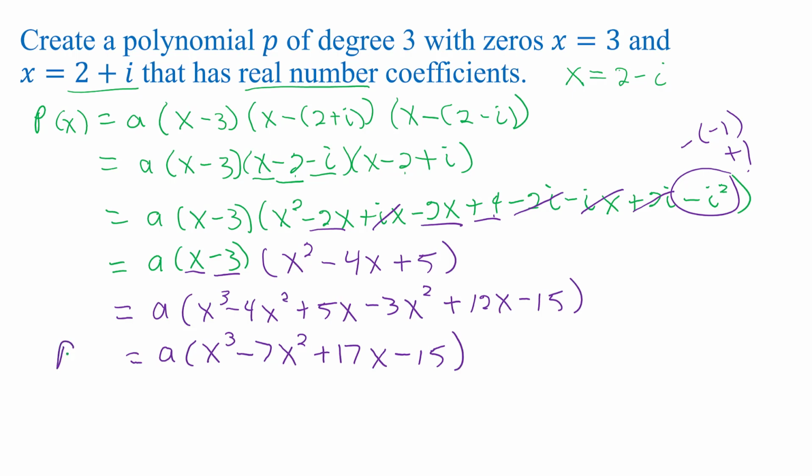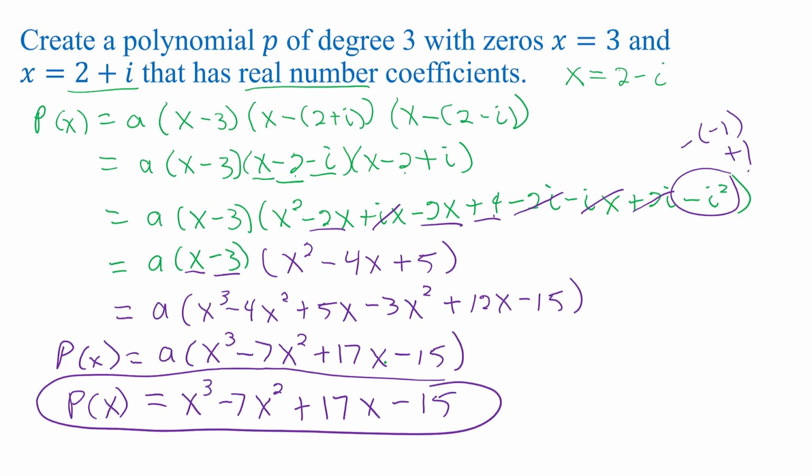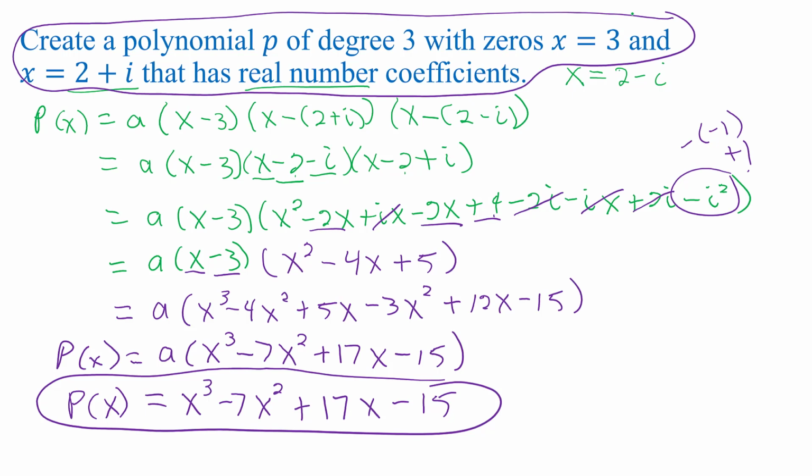So I have my polynomial with this a out in front of the factor containing x cubed minus 7x squared plus 17x minus 15. Well, a could be 1 as easily as anything. We're not given any specific requirements for this polynomial that would require a to be anything else. So let's just let a be equal to 1, and we will end up with a polynomial of x cubed minus 7x squared plus 17x minus 15. If you think about it, there's a lot of other polynomials that would meet these requirements here, but this one's as good as anything for now.